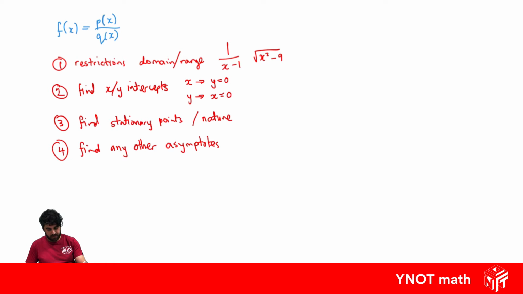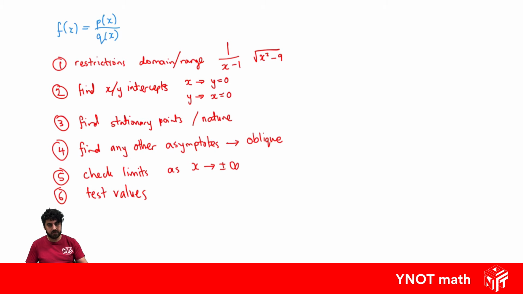This could possibly be an oblique asymptote. And another thing we could do is to check limits of the function as x approaches plus or minus infinity. And as a last resort, you could always test some values into the function and just see what's going on.